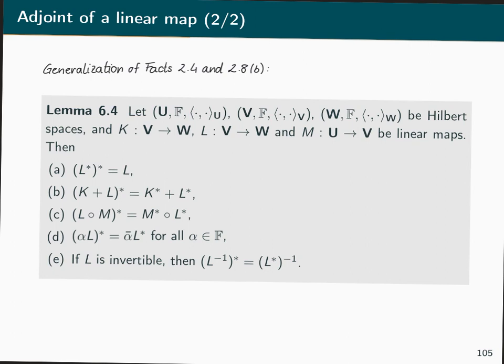C, the adjoint of the composition of two linear maps equals the composition of their adjoints, where we now have to invert the order of the composition. D, the adjoint of a scalar multiple of a linear map equals the complex conjugate of the scalar times the adjoint of the linear map. And E, if L is invertible, then the adjoint of the inverse equals the inverse of the adjoint.